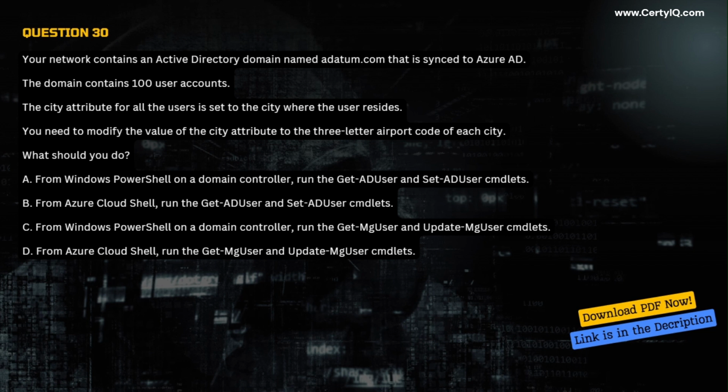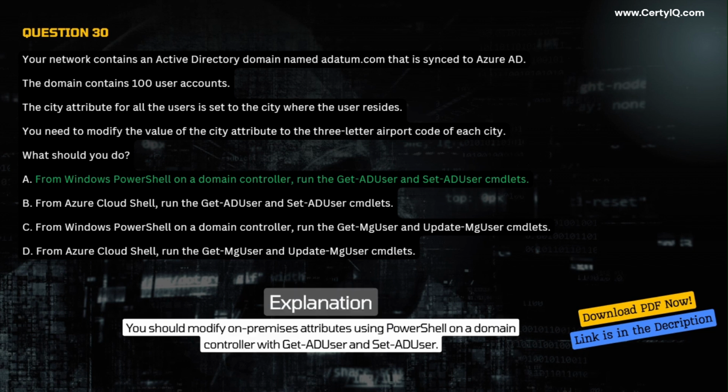D. From Azure Cloud Shell, run the Get-MgUser and Update-MgUser cmdlets. Correct answer A. Explanation. You should modify on-premises attributes using PowerShell on a domain controller with Get-ADUser and Set-ADUser.